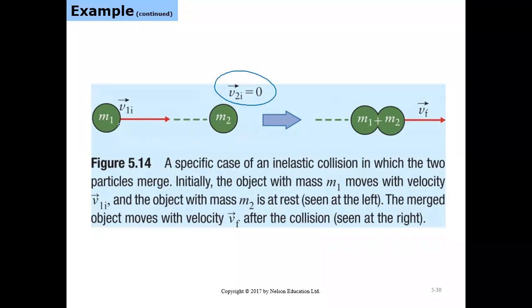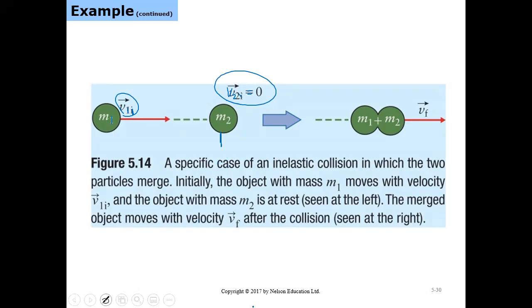We have two objects, one with mass m1 and velocity v1i, where i stands for initial, before collision, and m2 with velocity v2i. We are going to assume m2 is at rest, just to make the calculation easy.